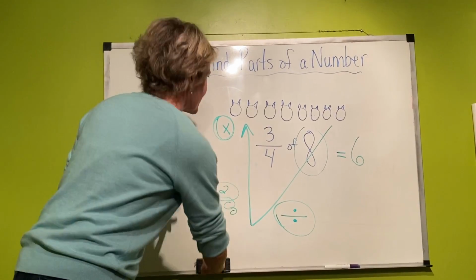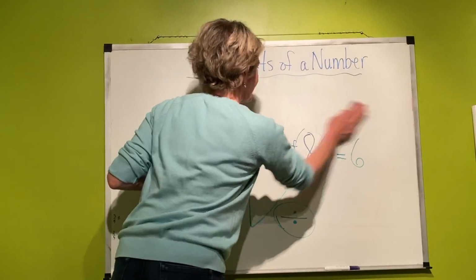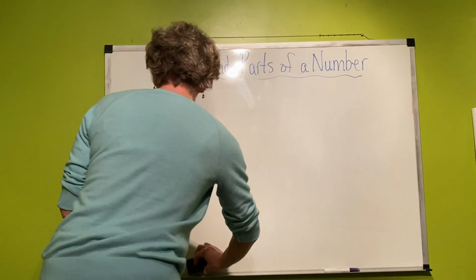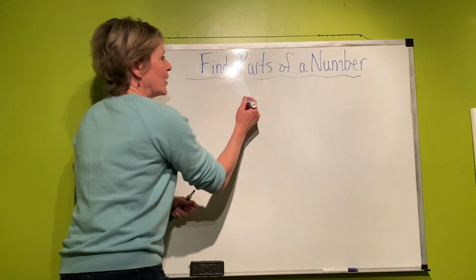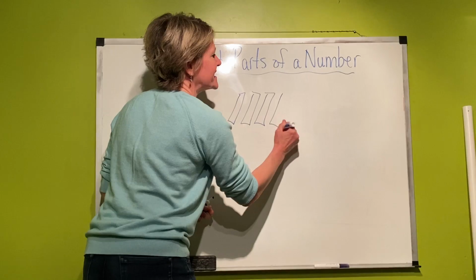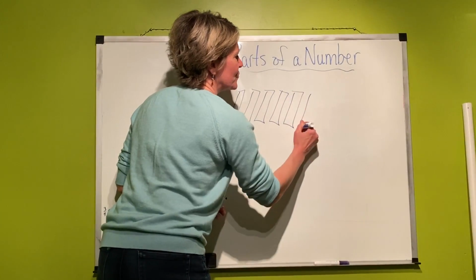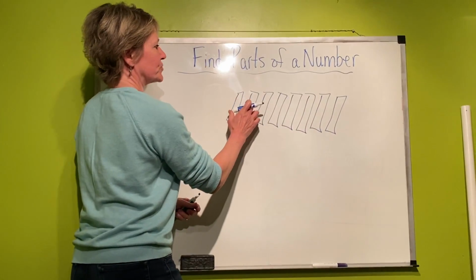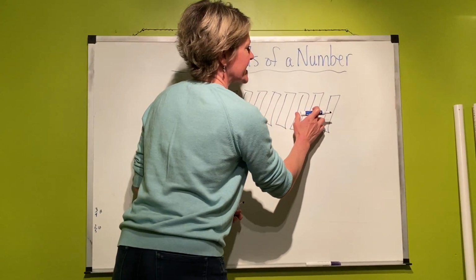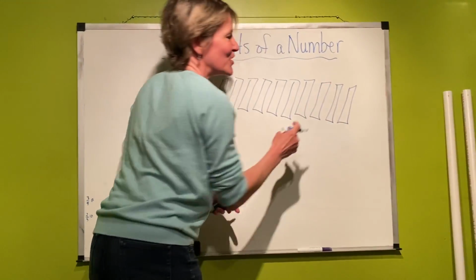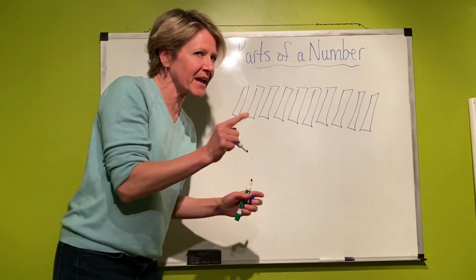Let me show you another one. What if last October when you went trick-or-treating, what if you went to bed and you know you had 10 Kit Kats in your Halloween bag? 1, 2, 3, 4, 5, 6, 7, 8, 9, 10 Kit Kats. You know when you went to bed there were 10 Kit Kats in your bag.